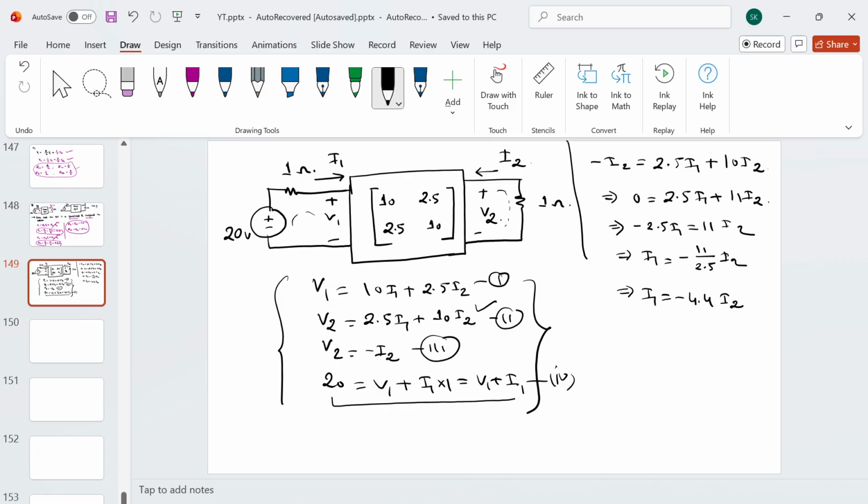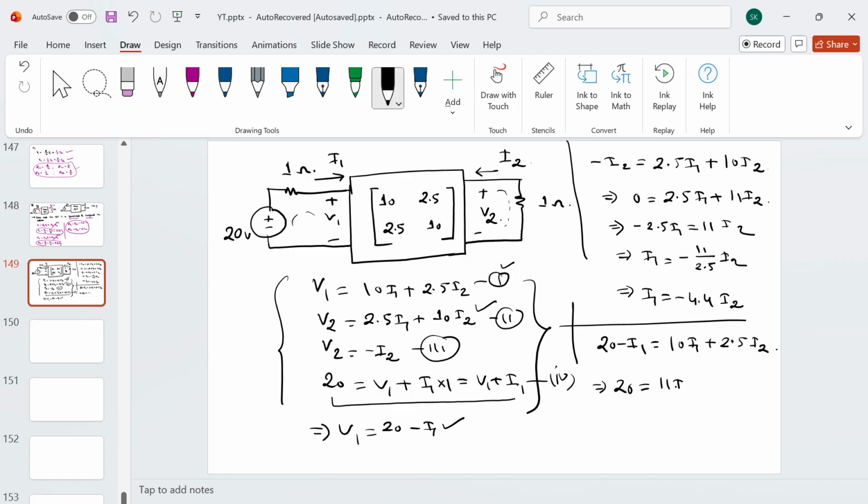So from equation number 4, I can write V1 equals 20 minus I1. So this value I can substitute in equation number 1. I get 20 minus I1 equals 10 I1 plus 2.5 I2. So I get 20 equals 11 I1 plus 2.5 I2.